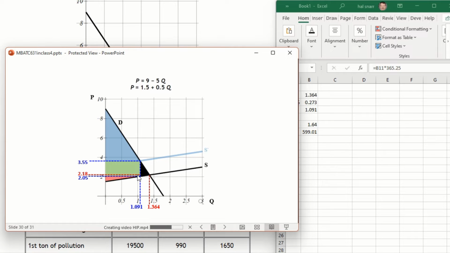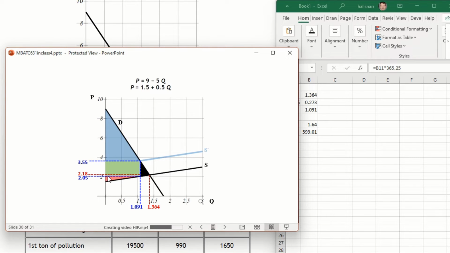Okay, so before the tax, consumers were paying $2.18. After the tax, this new marginal consumer is paying $3.55, right? So this difference is the amount per pack of the consumer's tax burden, and this difference down here is the amount per pack of the firm's burden on this tax.